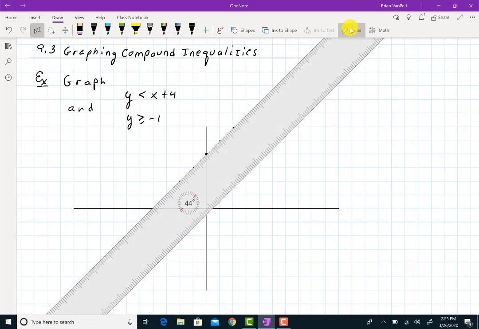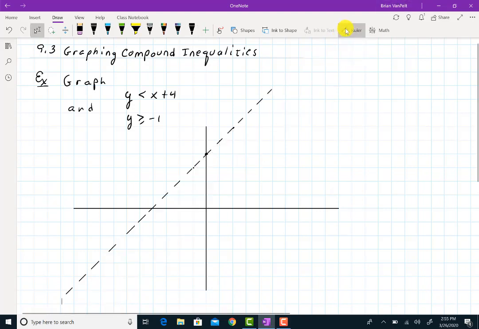Now, remember, since it's less than and not less than or equal to, I'm going to do dashed lines. And let me put the ruler away. I think that's good enough.